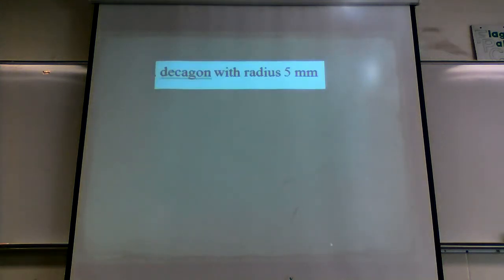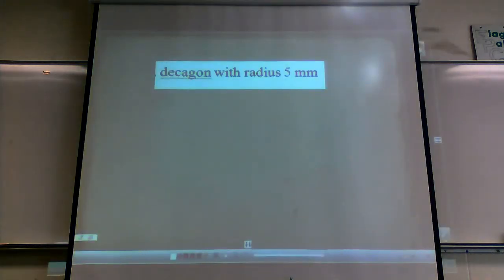All right, so this is the next one. There's a drawing with it, just telling you, decagon, radius is 5. Now again, you can draw a decagon on your paper if you want. Make sure it's 10 sides if you're drawing it out.